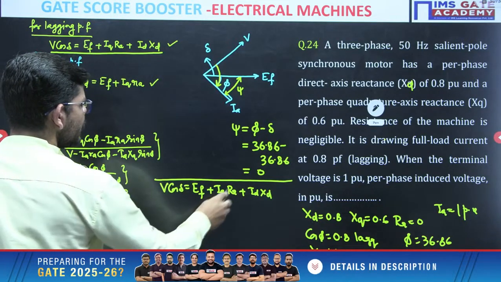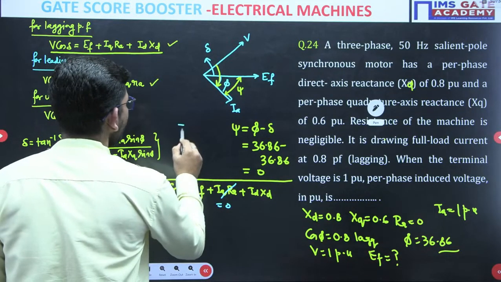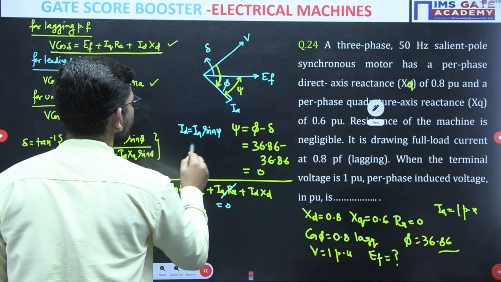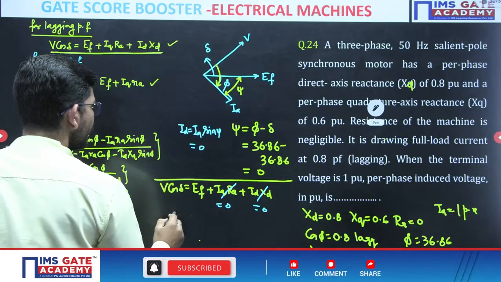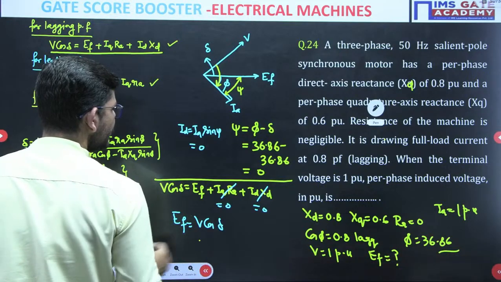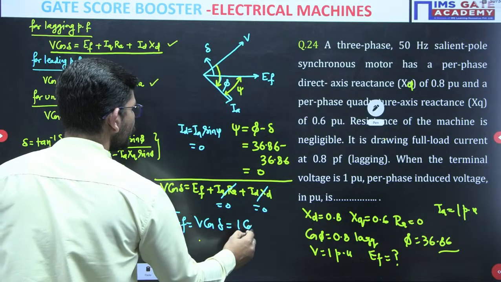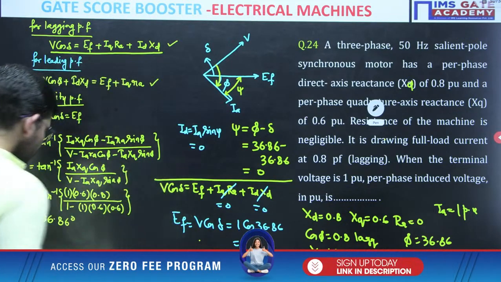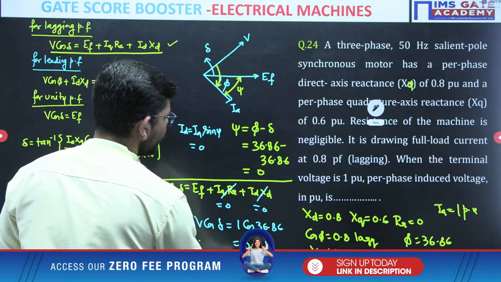This will be 0 because armature resistance is neglected, and id is ia sin psi, so it will be 0. So this will become 0 because id is 0. So you are getting EF as V cos del, exactly what we have in case of unity power factor. So cos 36.86, and what we will be getting is 0.8 per unit.